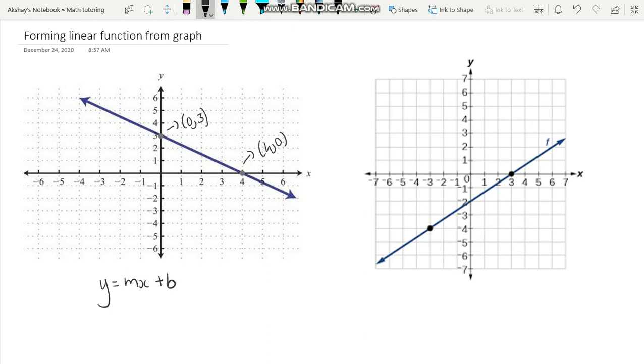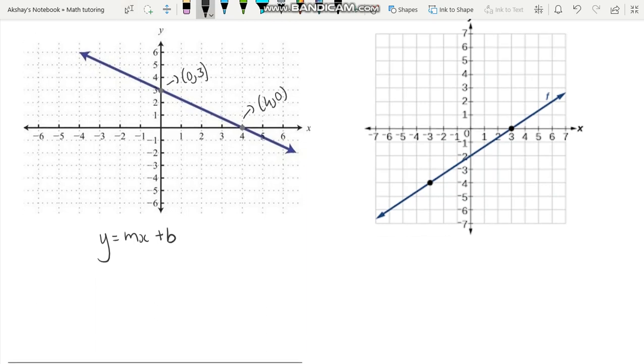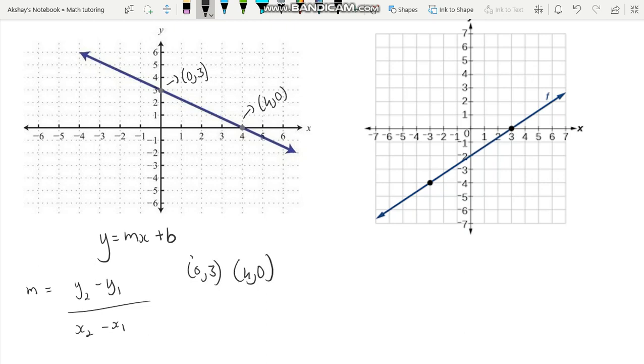First thing we will do is identify at least two points so we can find our slope, using our slope formula of (y2 minus y1) over (x2 minus x1). Now our two points are (0, 3) and (4, 0). x1 is 0, y1 is 3, x2 is 4, y2 is 0.